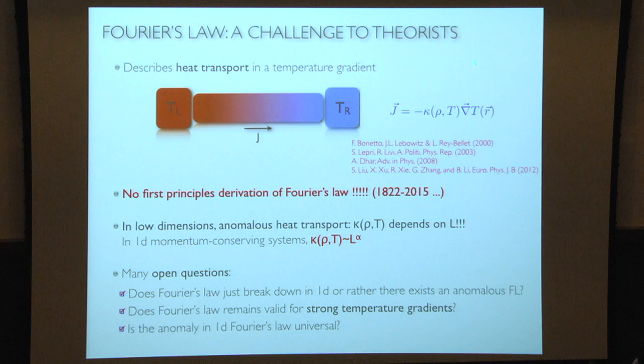So does Fourier law hold only in the small temperature gradient limit, or is it a very general law which holds for large gradients too? And moreover, in 1D, is this anomaly universal? I mean, is this alpha a universal exponent? So I'll try to answer some of these questions today for a particular model.